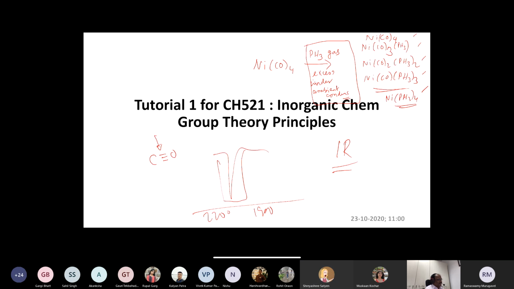See, but the thing is, carbon monoxide, as I said, has 2240 or 2230 wave numbers as the stretching frequency. If I do some substitution, the phosphine will not have much effect on the stretching frequency itself because phosphine is as pi acidic as carbon monoxide.